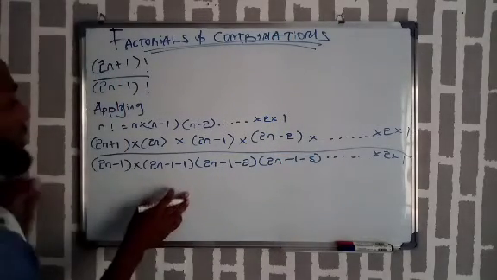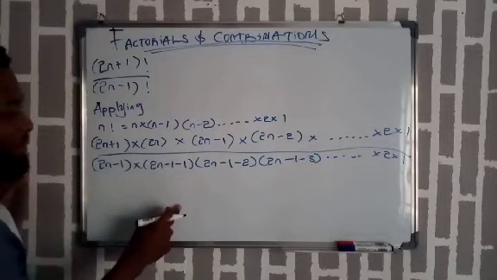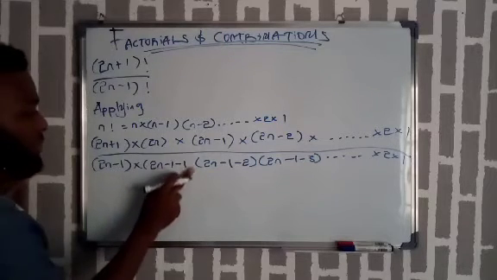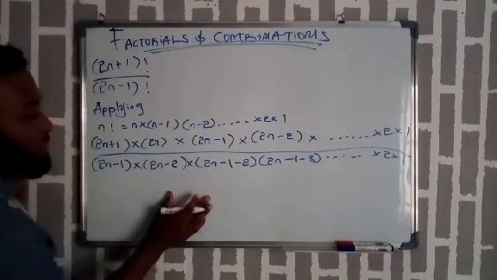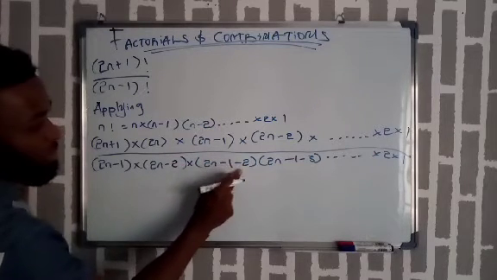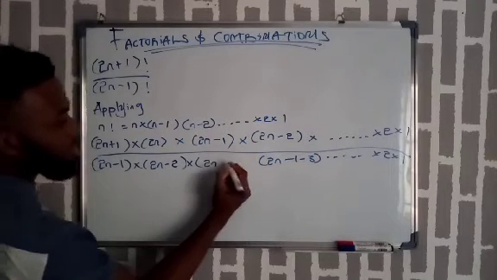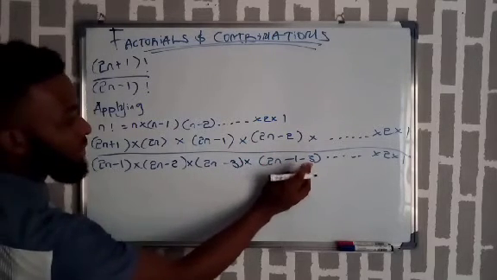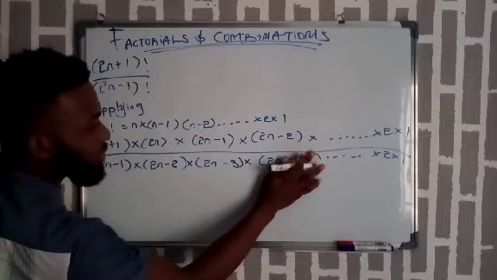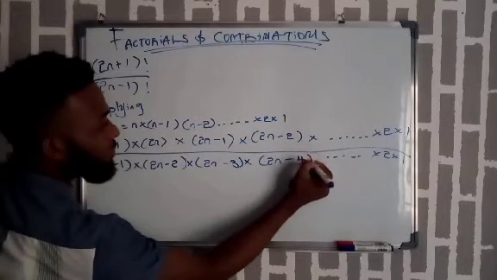We can do the same thing here too. So 2n minus 1 gives us 2n minus 1. Here can become 2n minus 2. Here 2n minus 1 minus 2 becomes 2n minus 3. So here can also become 2n minus 3. Then minus 1 minus 3 becomes minus 4, so here can become 2n minus 4.